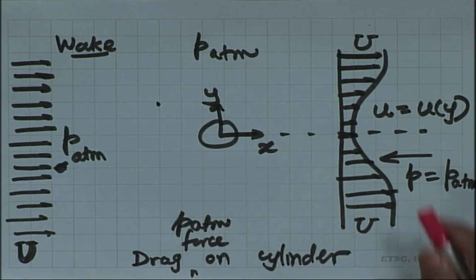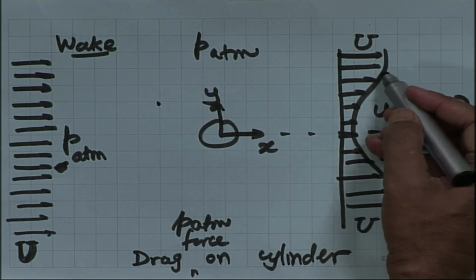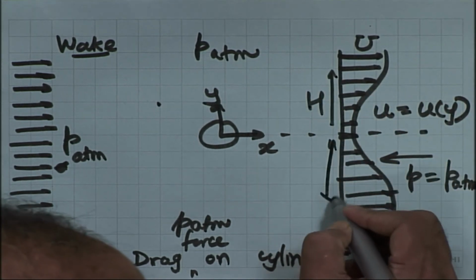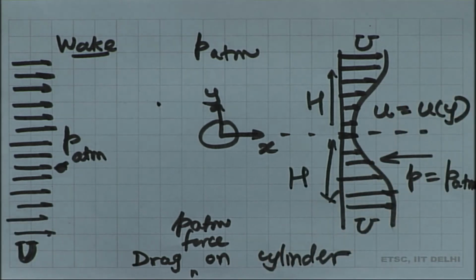On the right hand side it is a function of y which is given to you, but it is also given to you that after some height h which will be given, the velocity becomes equal to capital U. So, maybe we will assume a linear profile or some other sinusoidal profile which will be given, or maybe if you have to assume a general profile, then you can work out the constants.